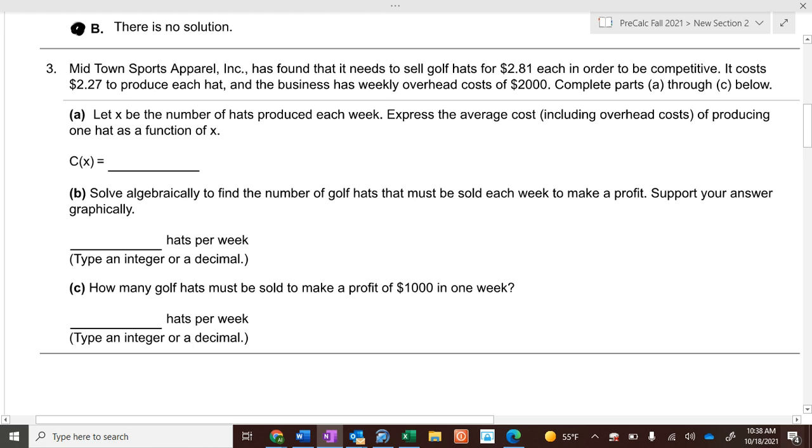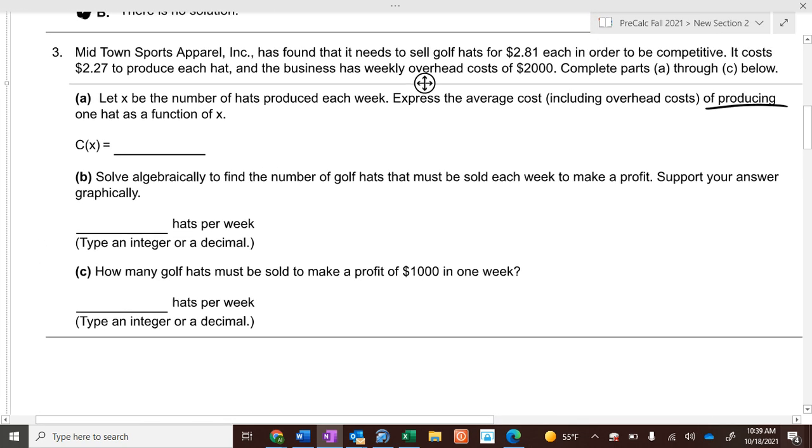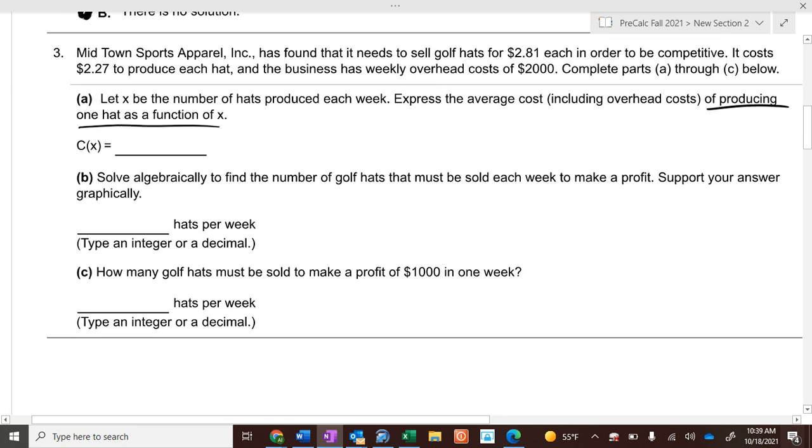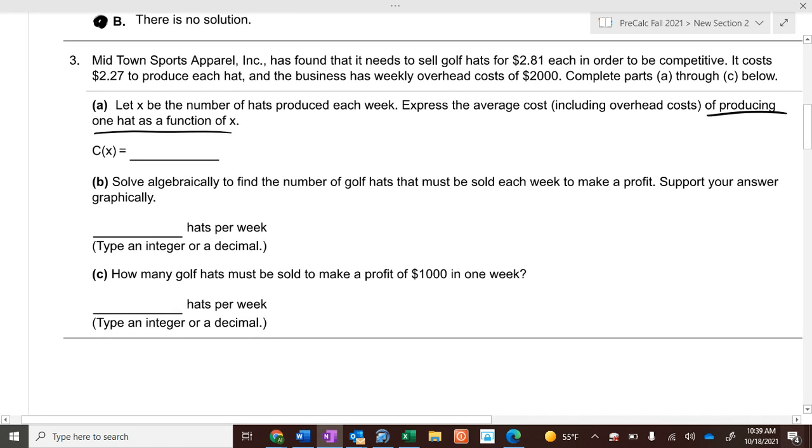let's figure this out. So let's figure out how much it costs per hat of producing one. Well, what's your fixed cost? What it costs if you don't produce any? Not 0. You have a weekly overhead cost of $2,000.